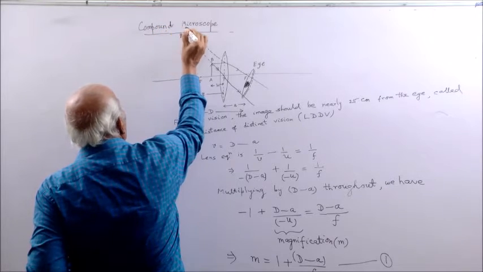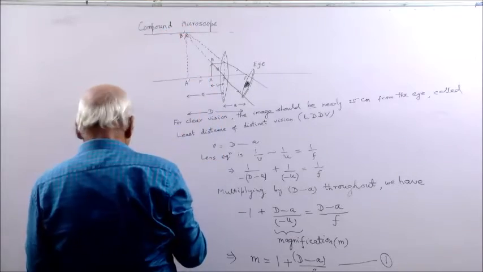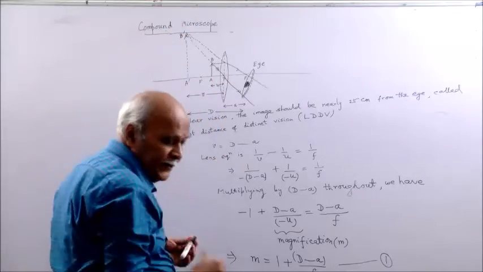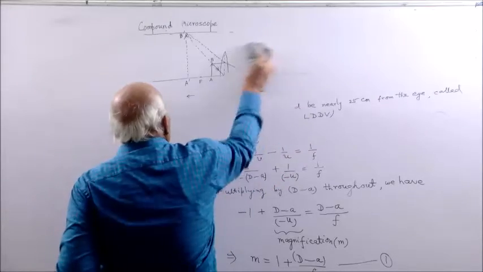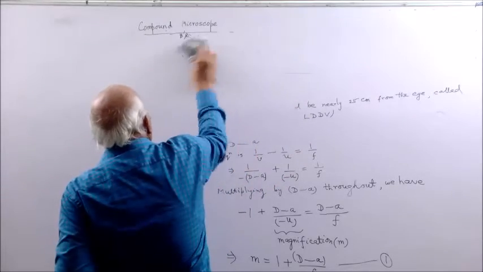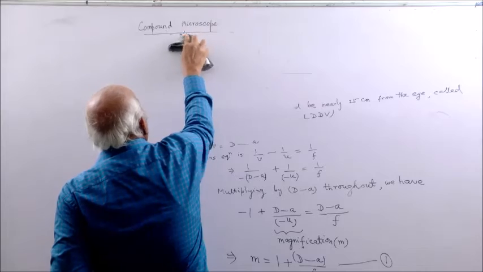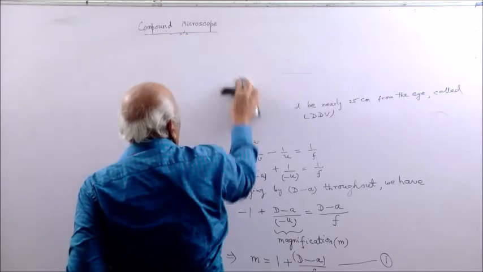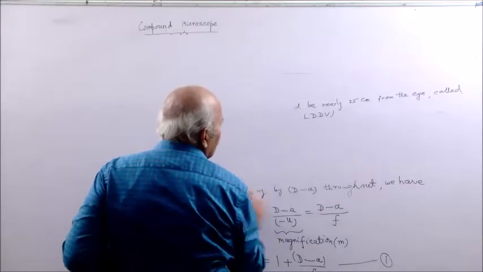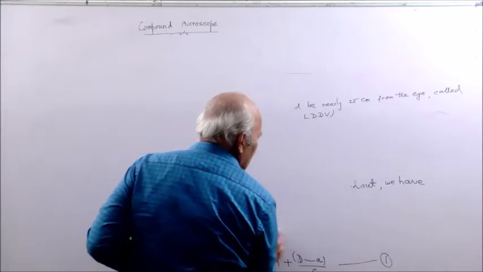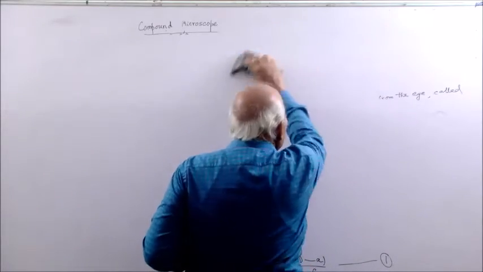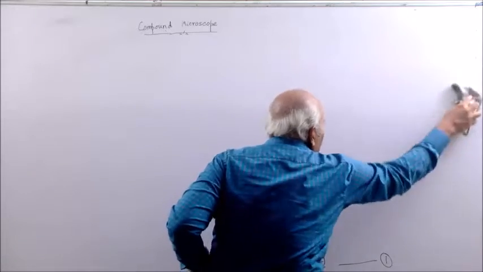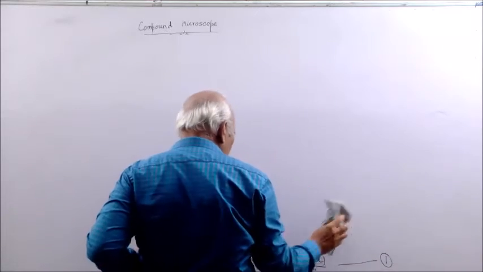Microscope. So a compound microscope is a device by which one can observe very small things with a greater magnification than that of the simple microscope, because the simple microscope has some limit because of the formula, as you see from this 1 and 2 formula.